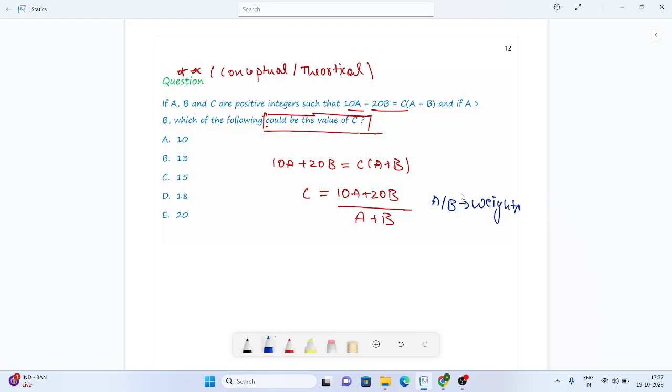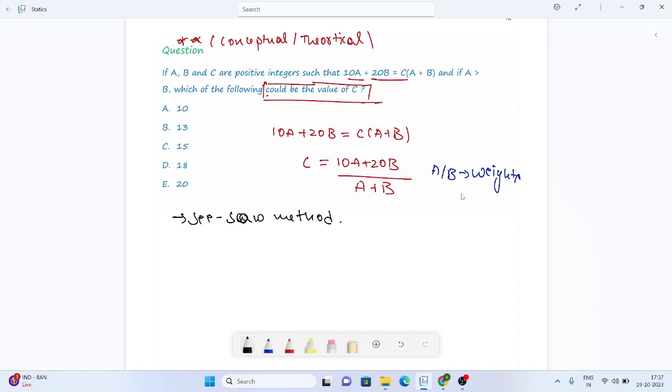So there is one thing which I call the seesaw method. What is the seesaw method? I take three cases, okay? So this is the seesaw.